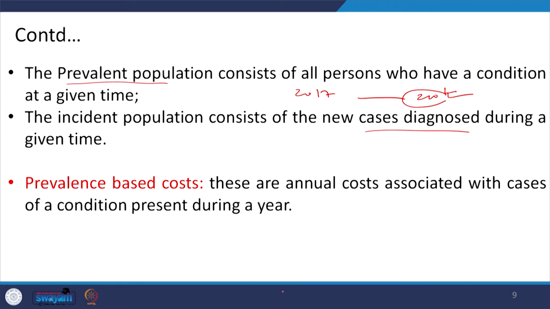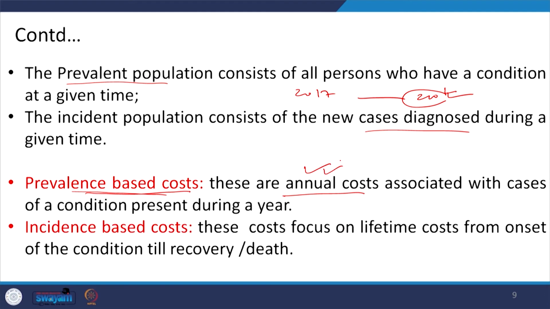Accordingly, the prevalence based cost can be the annual costs associated with the cases, or the level of the conditions of persons during a year. So, these costs are expressed in terms of annual costs.